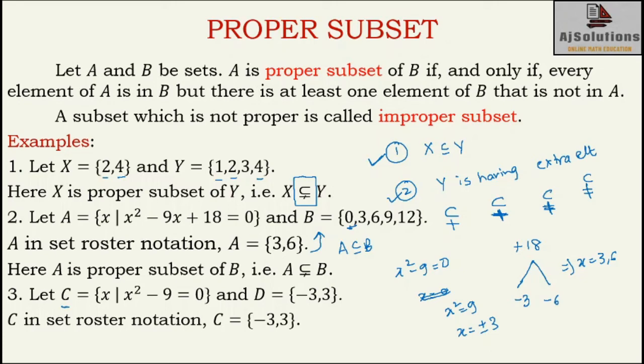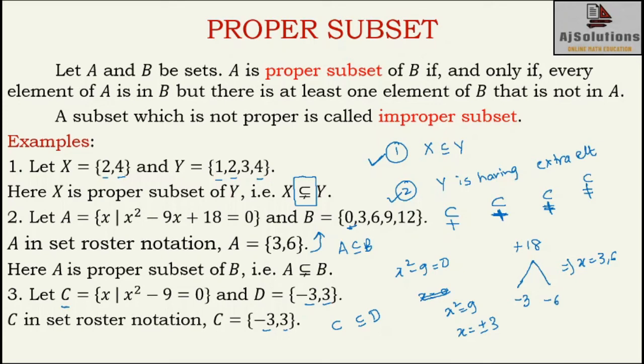And now if you observe, we have C a subset of D, because all the members of C are the members of D. But do we have an extra member in D? No, we don't have any extra member in D. So that is why this becomes an improper subset.